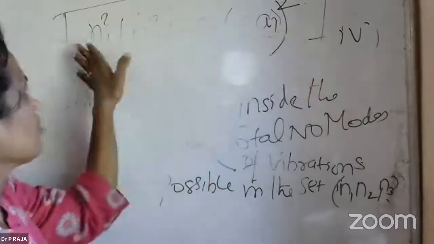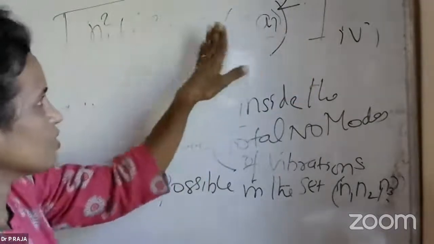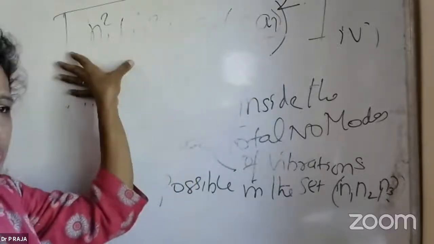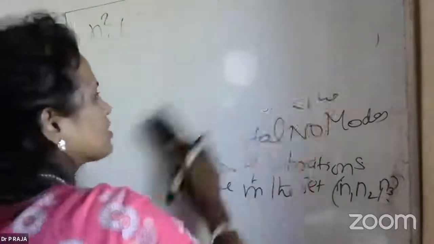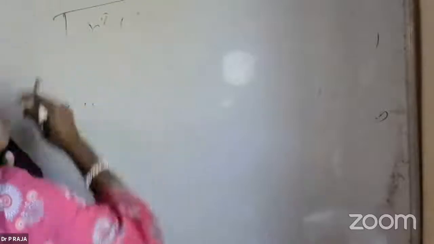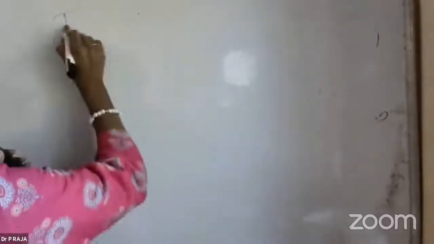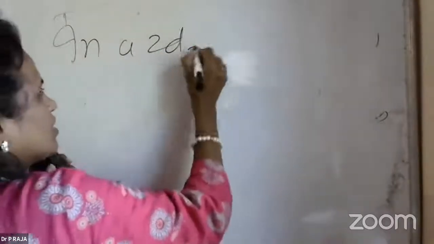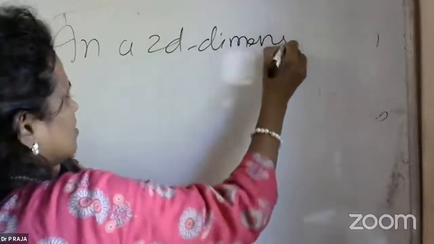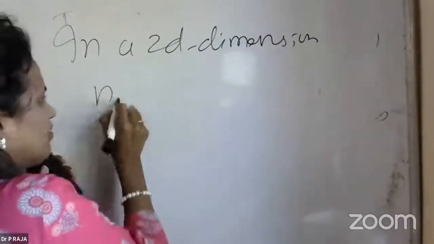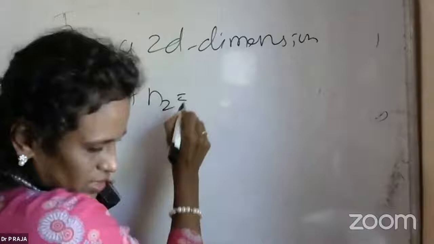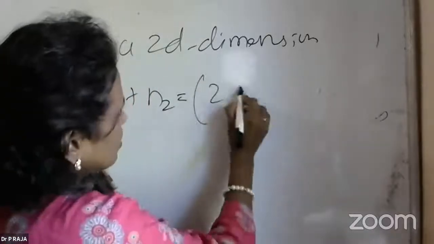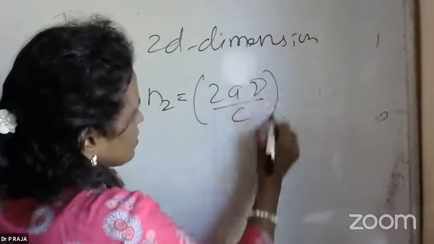Instead of n1 plus n2 plus n3, in a two-dimensional case, n1 square plus n2 square is also equivalent to 2a nu by c the whole square.